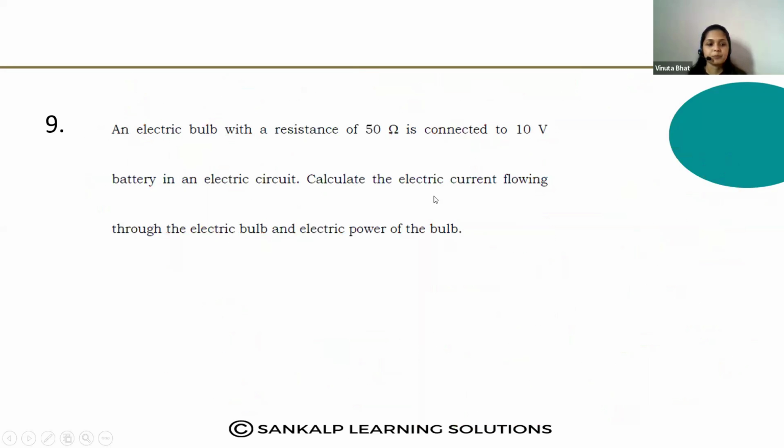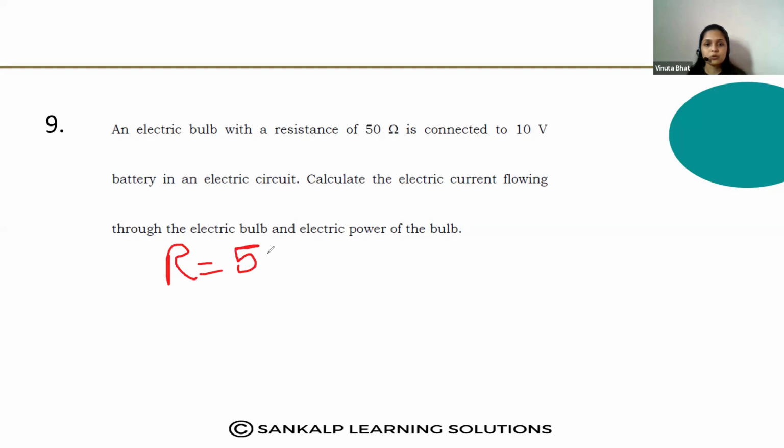Next question. An electric bulb with resistance of 50 ohm is connected to a 10 volt battery in an electric circuit. Calculate the electric current flowing through the electric bulb and electric power of the bulb. Here, what is the resistance?